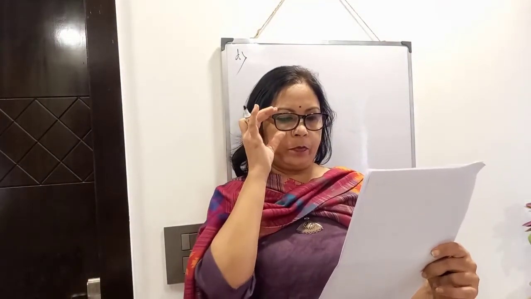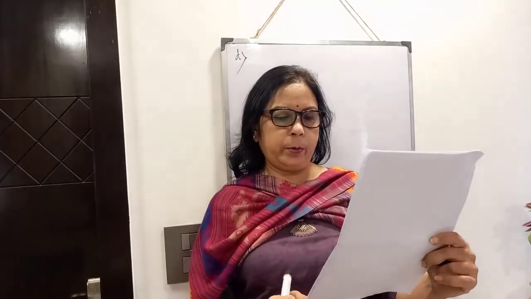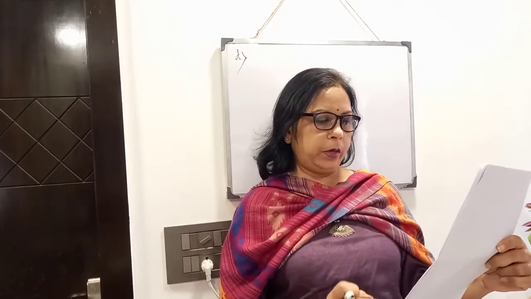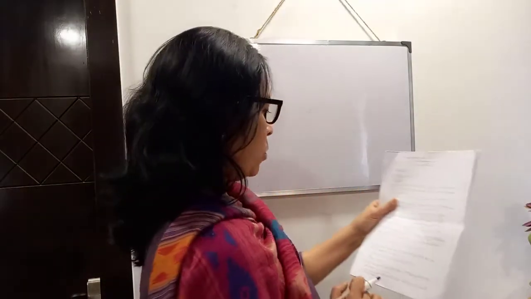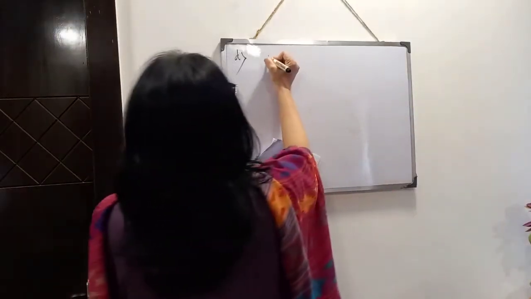If the total interest becomes rupees PXR by 25 for any principal having the rate of SI of r% per annum for x years, then the principal will be this. Okay, total interest. So what information is there?